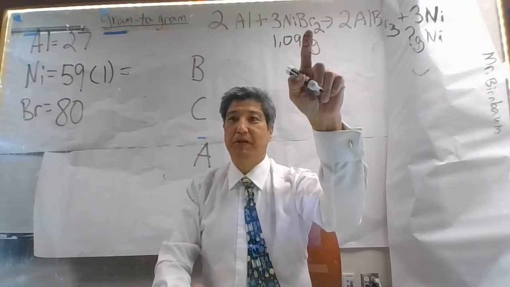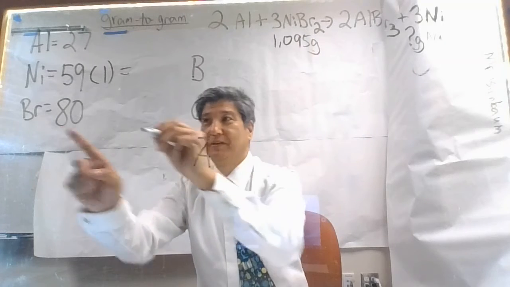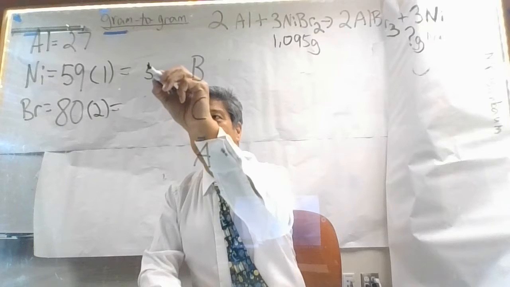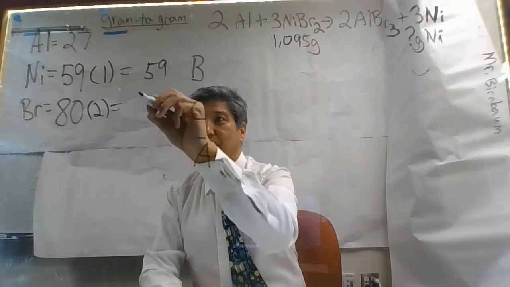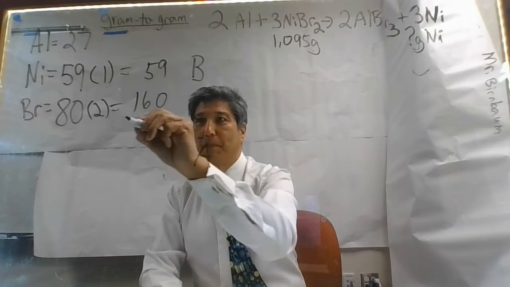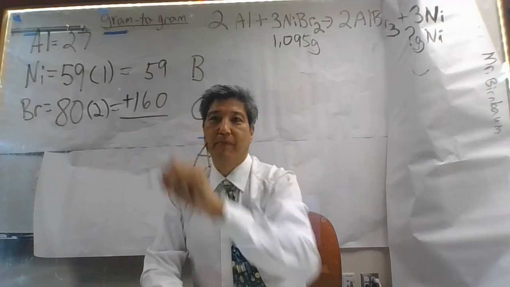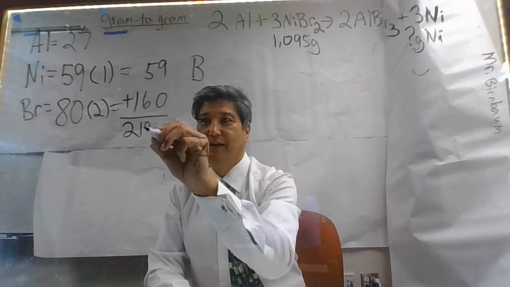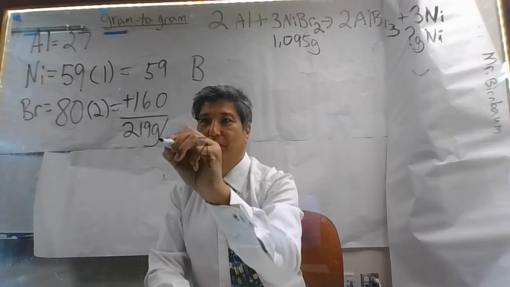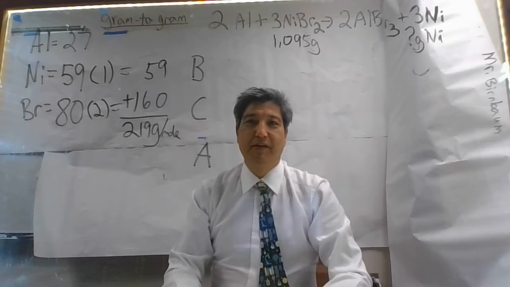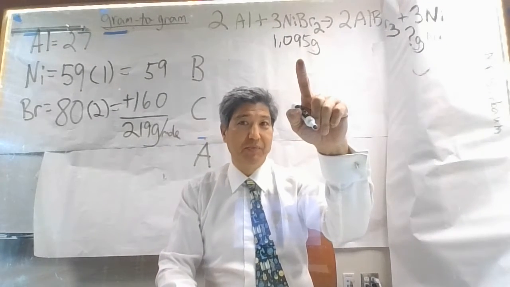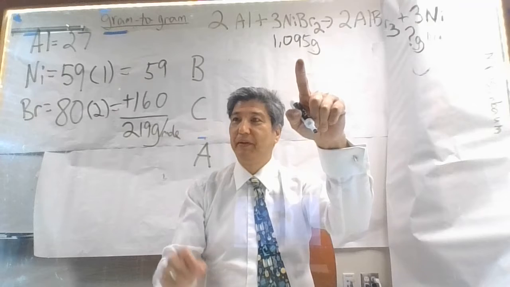And I've got 2 Brs, so I'm going to times it by 2. So this will be 59, and then this will be 160. Then I'll add those two up, and I'll have 219 grams per mole.